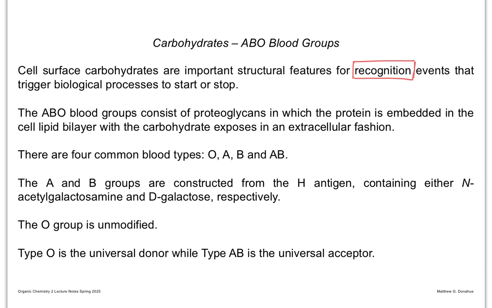So you and I, when we look at something, we perceive light coming in and our brain does some processing and we recognize. Molecules don't see anything, right? They don't have eyes, so we can't think of it in the same way. But the recognition occurs through the functional groups present and their spatial orientation.